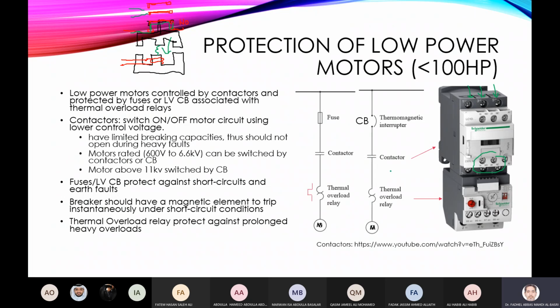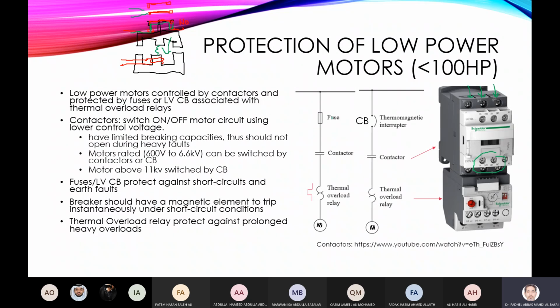If the fault current is more than 10 times rated current and you don't have, let's say, a fuse here, and you just rely on thermal overload, the thermal overload will trip the contactor. In this case, the contactor will get damaged, because the short circuit current will be higher than the breaking capacity of the contactor.